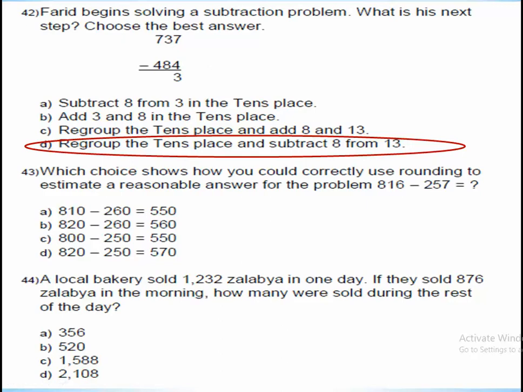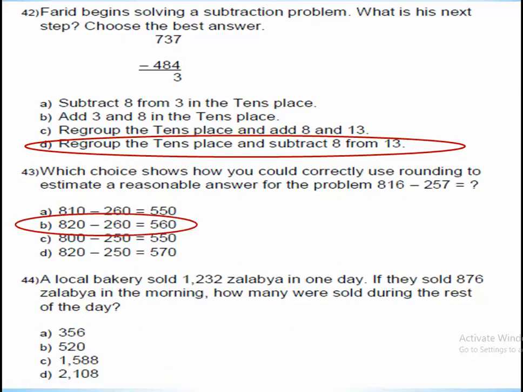It's not right because to the nearest 10 we must increase this one. It will be 820. Here 260, it's a right rounding. Here is wrong rounding. So let's see the next one. 820, right? 260, right? So 820 minus 260, it will be 560. This is the right answer.